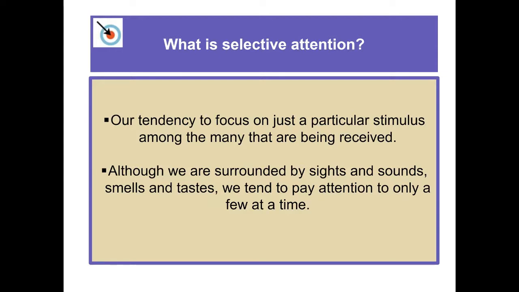is the tendency to focus on one of the physical stimuli, we call those sensations, among other things that are happening. And so you pay attention to a sound over a sight. You pay attention to the temperature or the feeling of pain over sight or sound.